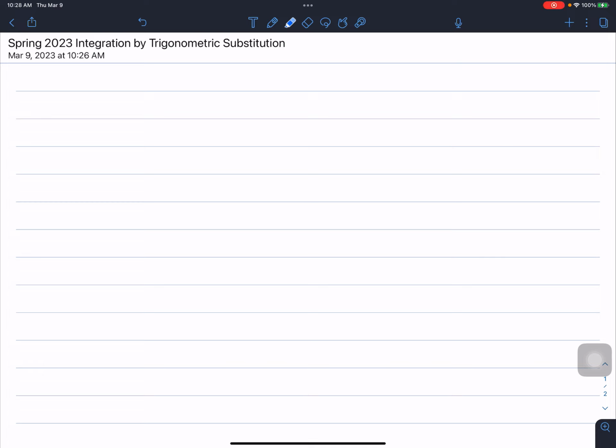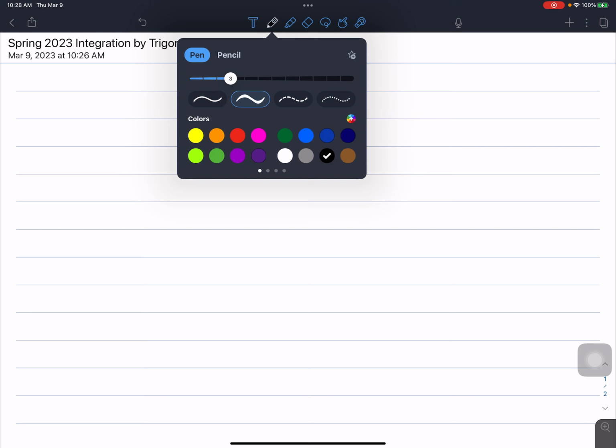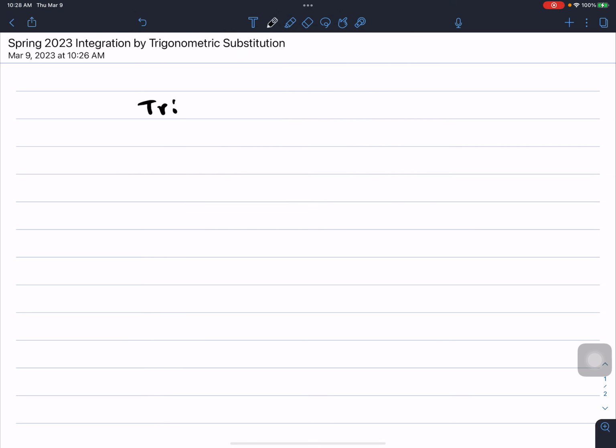Anyway, there we go. So we're going to start to do what's called trigonometric substitution here today, at least to get you started for the weekend. And you might say, for example, what is trig substitution actually used for? So trigonometric substitution, trig sub for short.